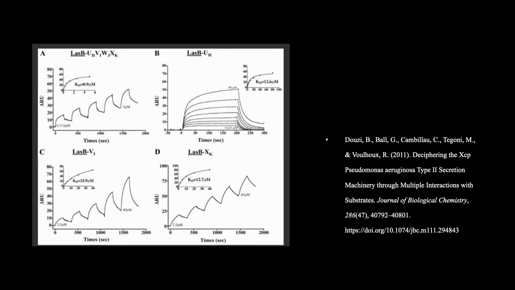Finally, this last figure is from an experiment that was trying to decipher the XCP Pseudomonas aeruginosa type 2 secretion machinery. So it shows that the SPR sensorgrams showed specific interactions between the substrate and the various components, and then the sensorgrams depicted binding events between the LasB and the XcpUVWX complex, as well as individual interactions with the individual components.